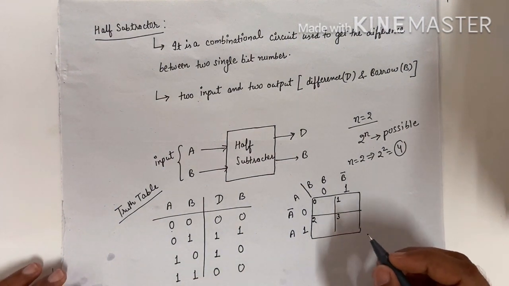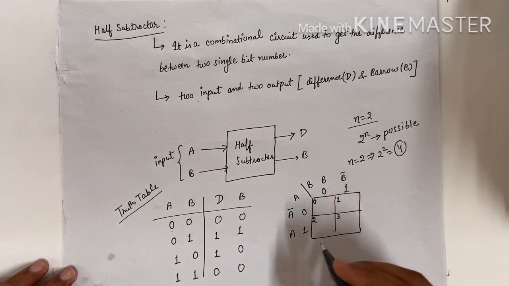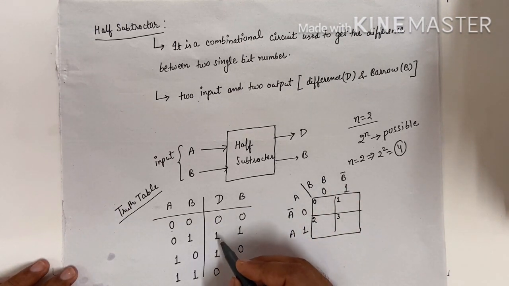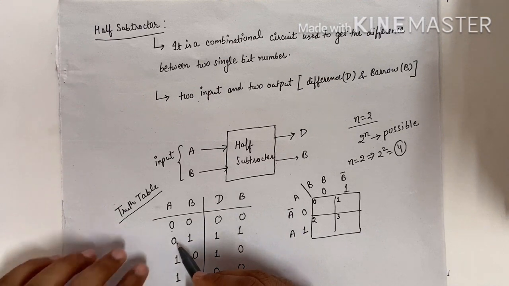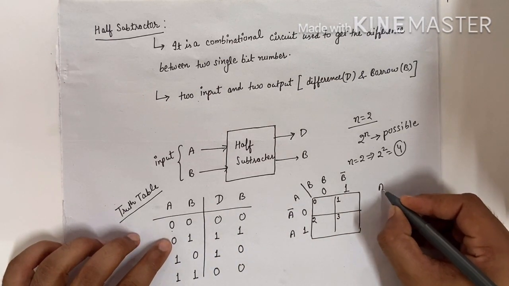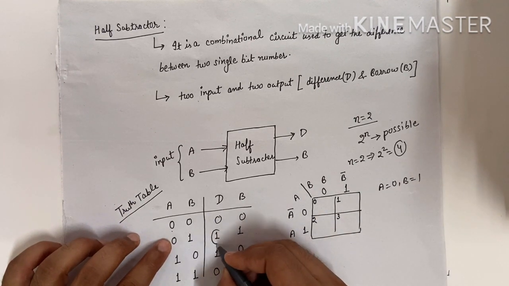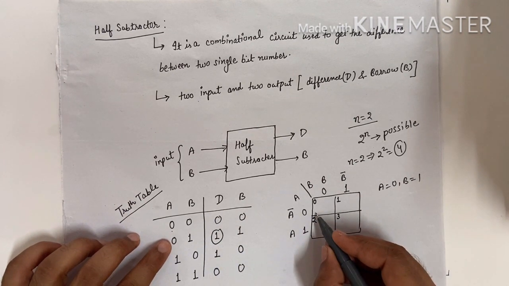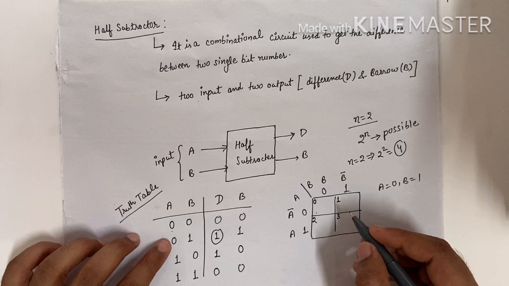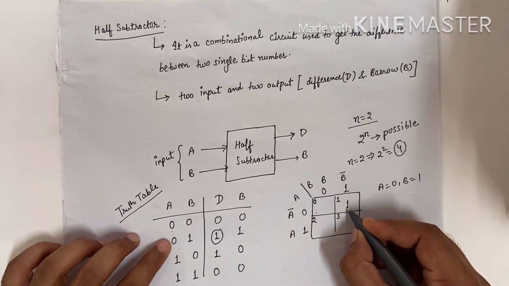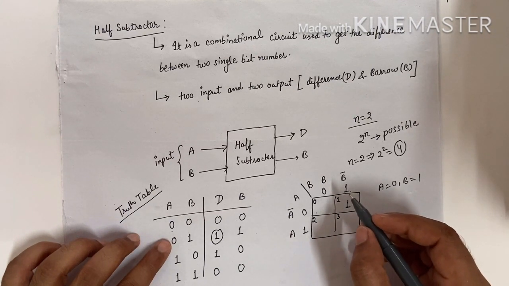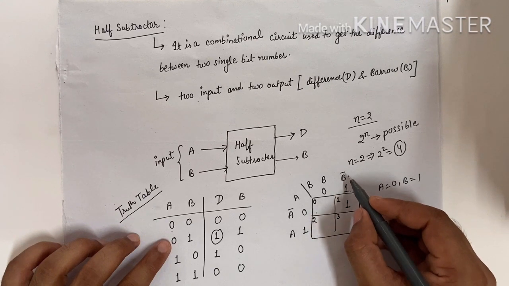Now if we develop the K map for difference, we can see the difference is 1 if A equals 0 and B equals 1. So A is 0 is here and B is 1 is here, so we can write 1 here. I will make a correction.